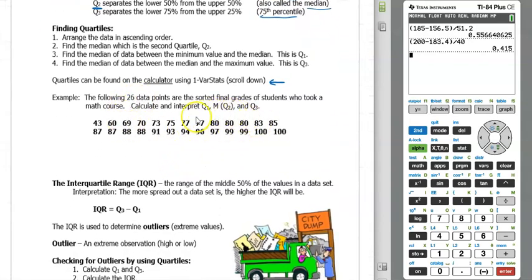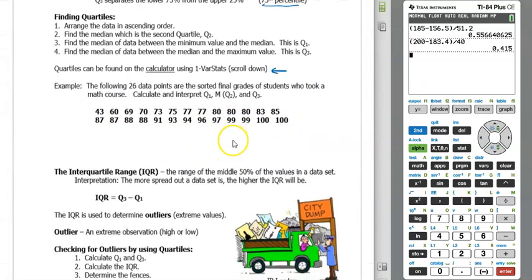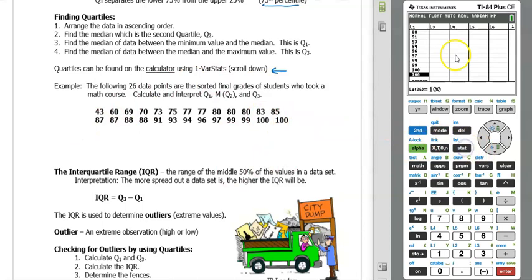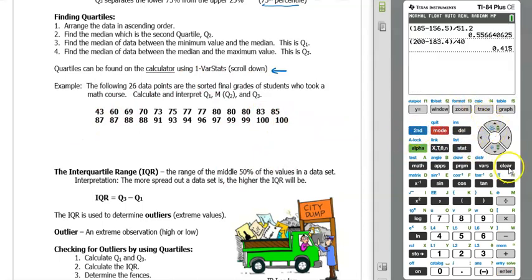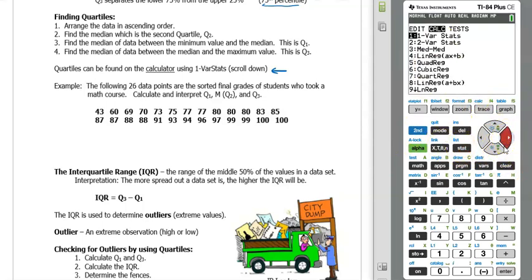We've got these final grades from students, and we're going to find the first quartile, the median, and the third quartile. So I need to come into my lists and put these data into the list. Here I have mine in list 1. Now I'm going to exit out of there, go to stat, then calc, 1-Var Stats.